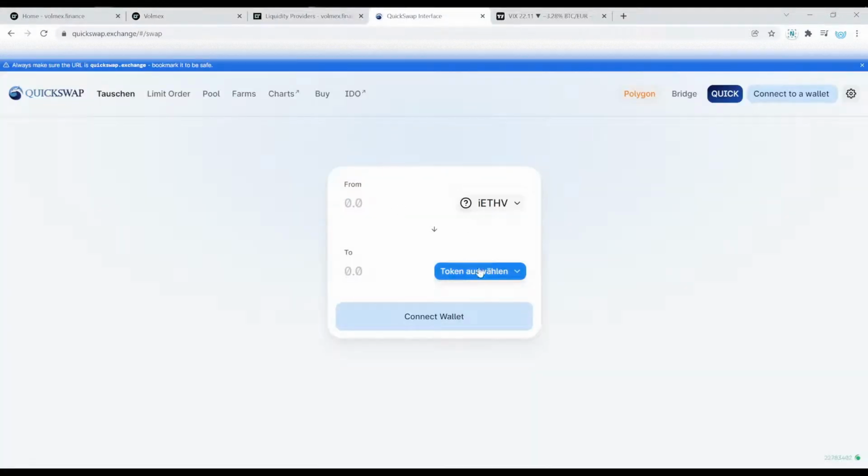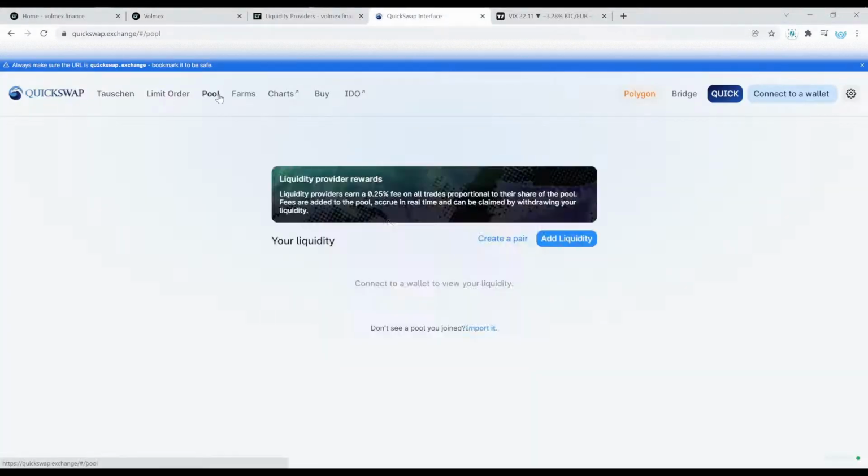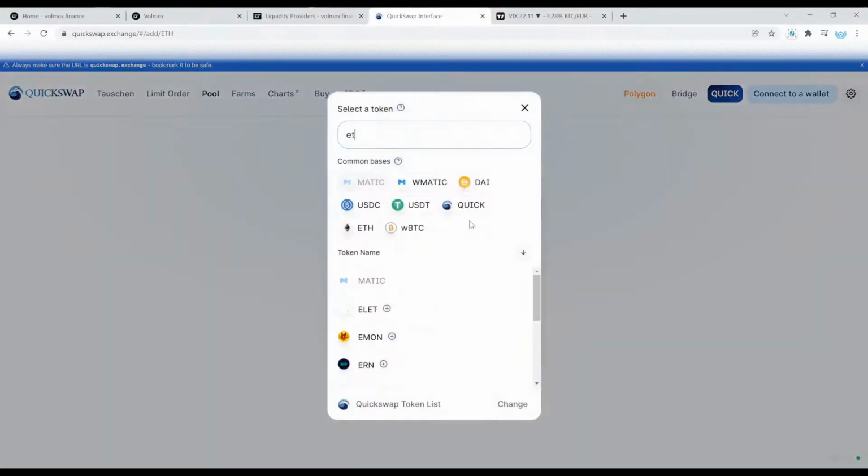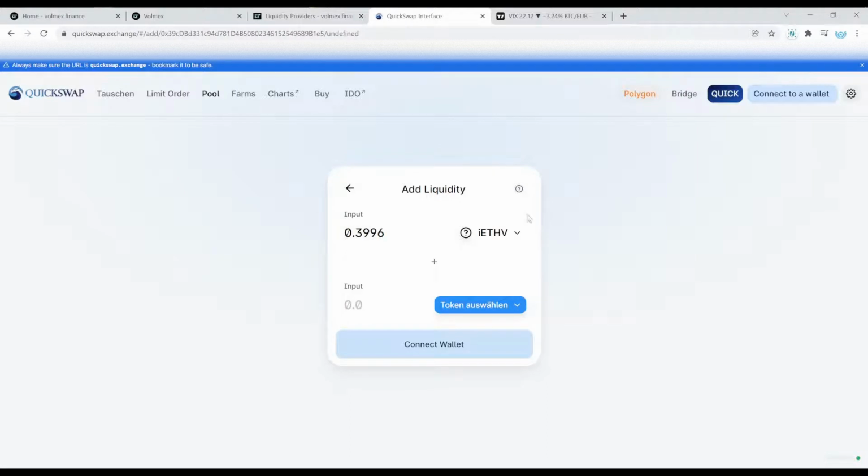If you come over here to QuickSwap and to the pools, add liquidity, let's come over to this token right here, then you can see that I already have some of those tokens. We are on Polygon, by the way, just for your information. My wallet disconnected, so you cannot see it, but I definitely already have an amount of these tokens.